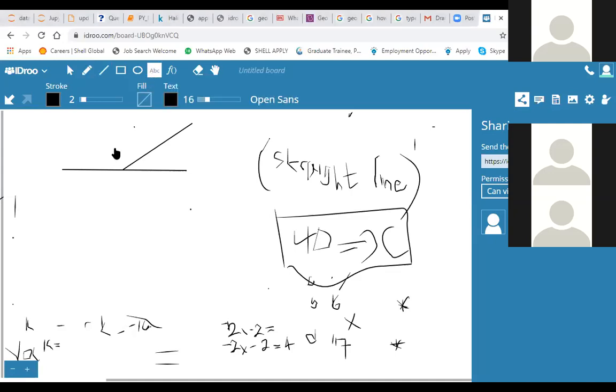Now, the angle. Let's assume this is what? Let's say this is A. And this is B, right? Are you with me? Now, can you see anything?